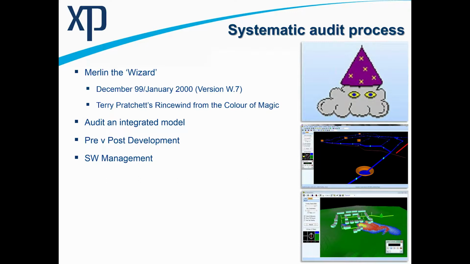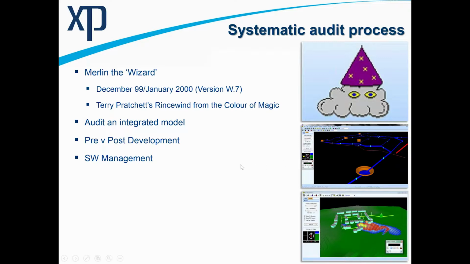So with Ian reading Terry Pratchett's Colour of Magic book back in the late 90s, there was a character there called Rincewind, and it was whilst reading the book that Ian had this kind of image coming up in his mind that he thought, well, when we put wizards into the software, which we were developing at that stage, this is the image that came into Ian's mind, which he then generated as an icon that's now in the software.